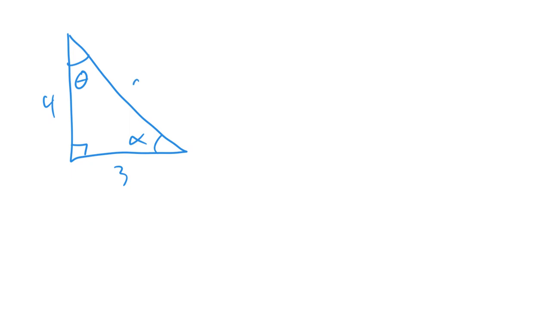if we have this triangle here, where this will be theta, this one we'll call alpha, and then we've got our right angle, 3, 4, 5. So if we're doing sine of theta, let's actually do it in a different color so we can keep track of what's going on here. Let's do it in red. Sine of theta, like we just talked about, SOHCAHTOA.